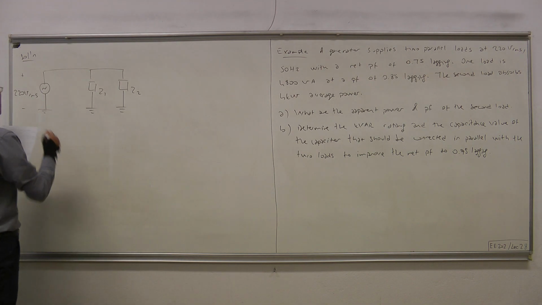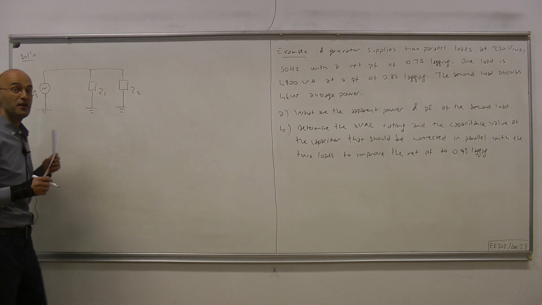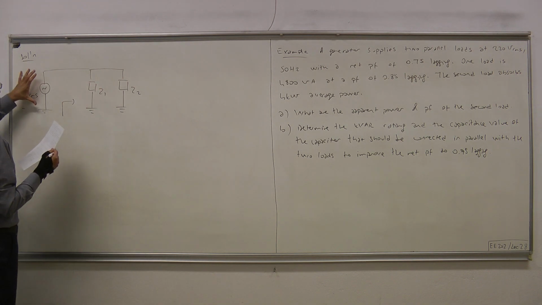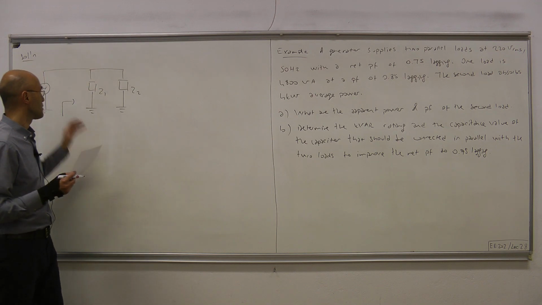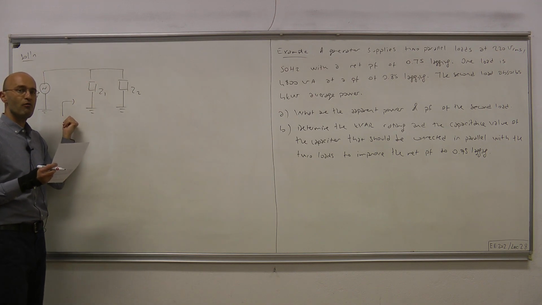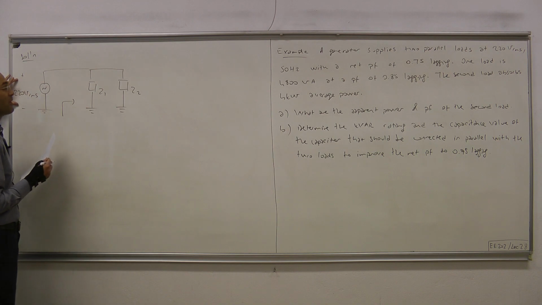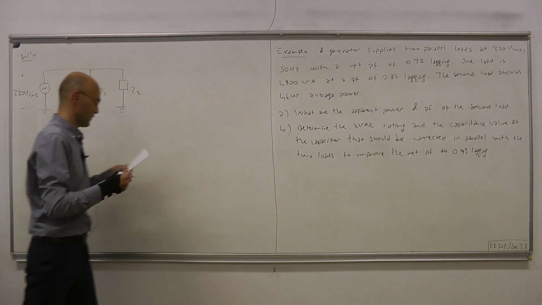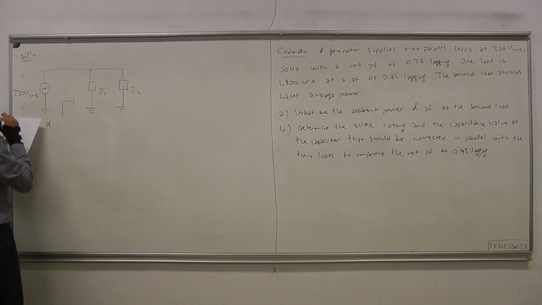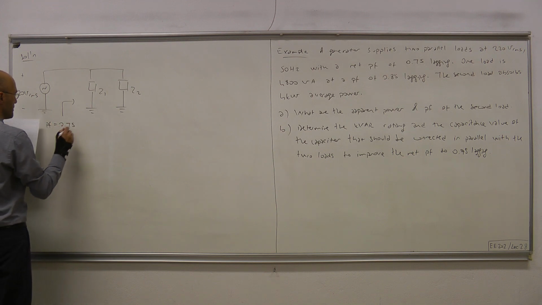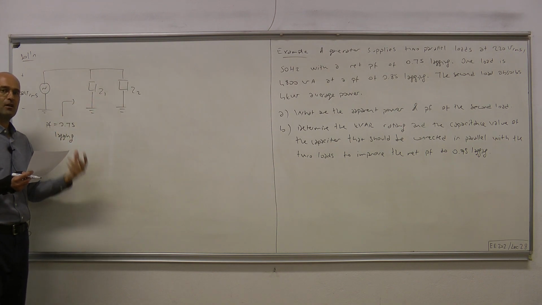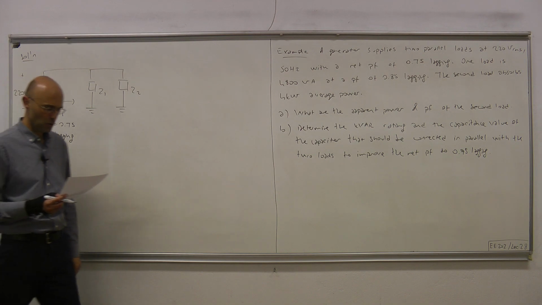And as far as the generator or the source is concerned, it will see some effective impedance here, some effective load, and the power factor of that load seen by the source is 0.75 lagging. So here the net power factor reads 0.75 lagging. Okay, so the overall load is seen as an inductive load by the source.